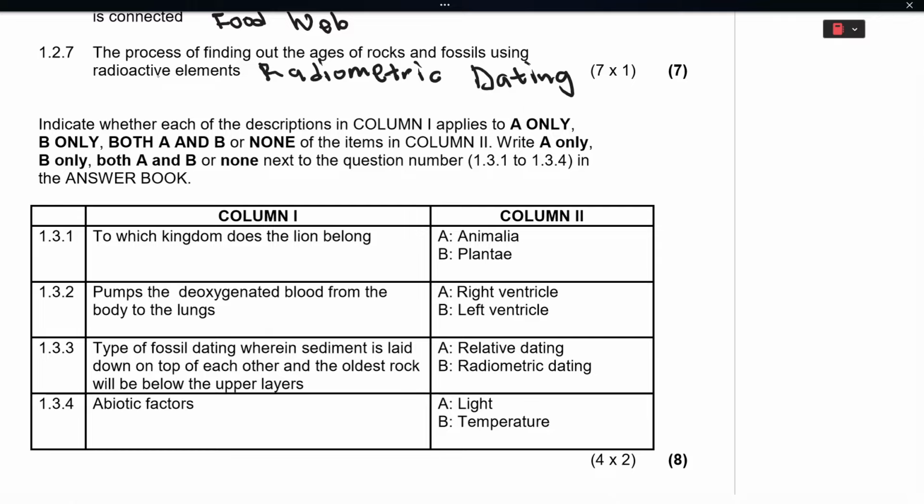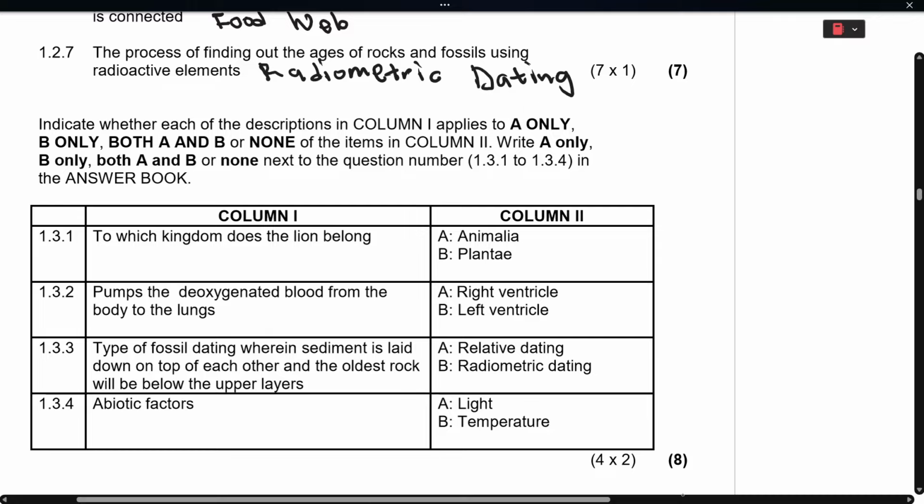So 1.3.1, it says... let me write 1.3.1, 1.3.2, 1.3.3, and 1.3.4. So the question reads as follows.